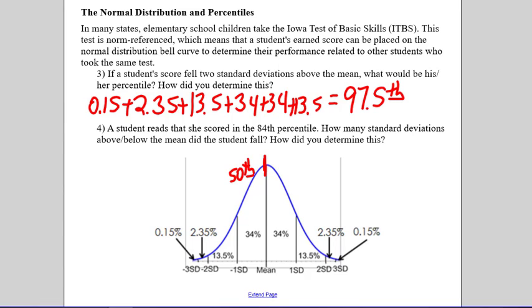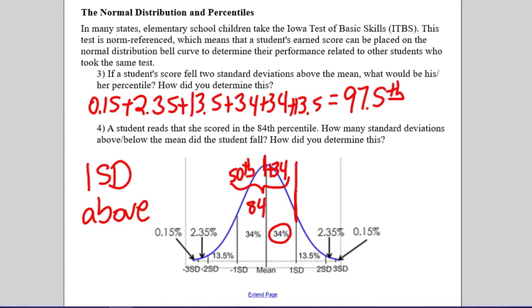So we're already 50% of the way there. What we need is another 34%. Well, if we go one more standard deviation, that is another 34%. Together, that adds up to the 84th percentile. So that means that the student was one standard deviation above the mean.